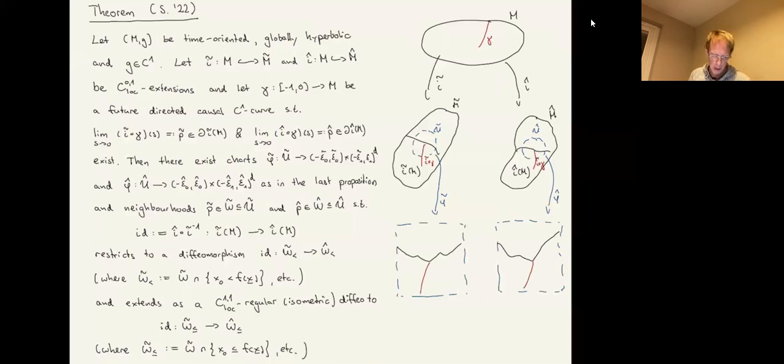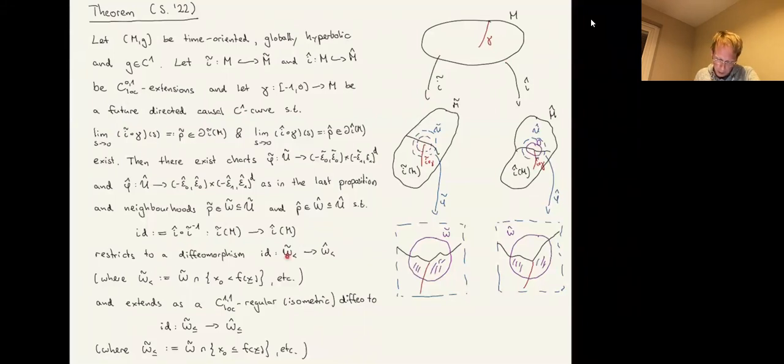Now the statement of the theorem is that there now exist smaller neighborhoods omega tilde and omega hat, let me draw them here in the chart, such that if I look at the identification map, which just arises by going up iota tilde and going down iota hat, this region here is diffeomorphic to this region here.